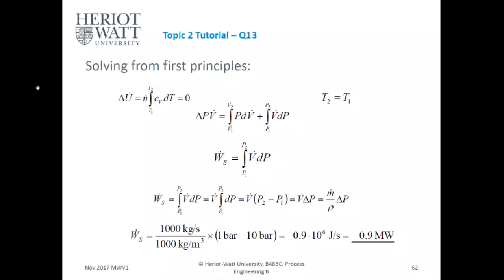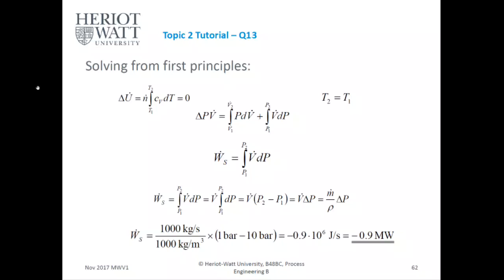So change in pressure multiplied by volume equals V dP, and the shaft work equals the volumetric flow rate multiplied by the change in pressure.